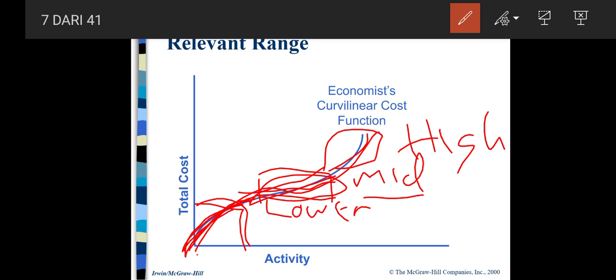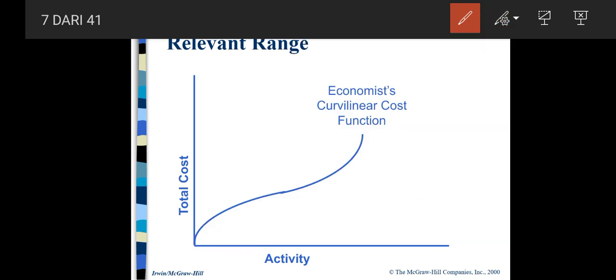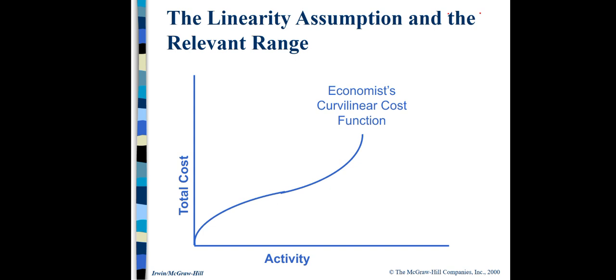For example, total direct labor for hourly workers. Nah, jadi contohnya total biaya langsung untuk gaji para pekerja yang dibayar per jam, hourly workers. So the total direct labor for hourly workers is an irregular or variable expense from this perspective.